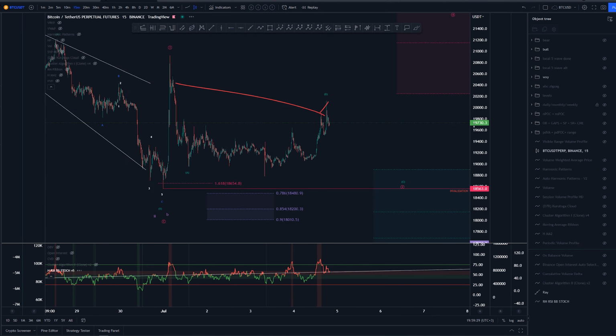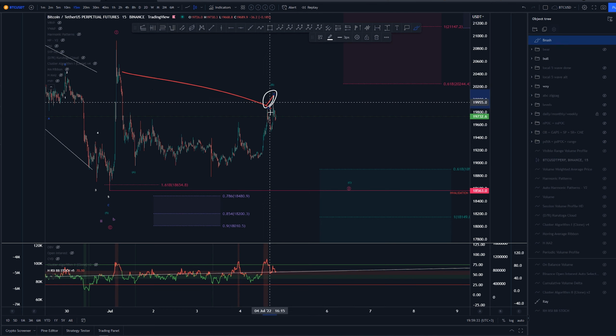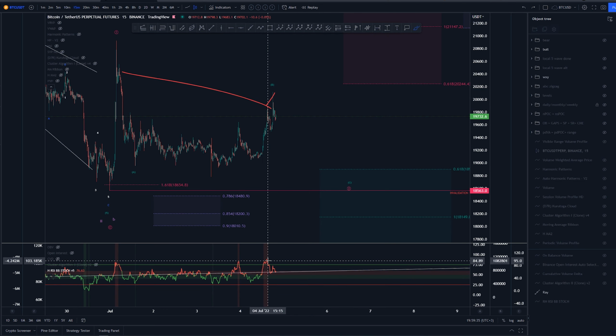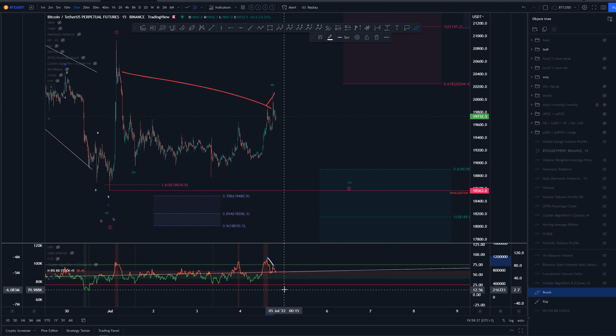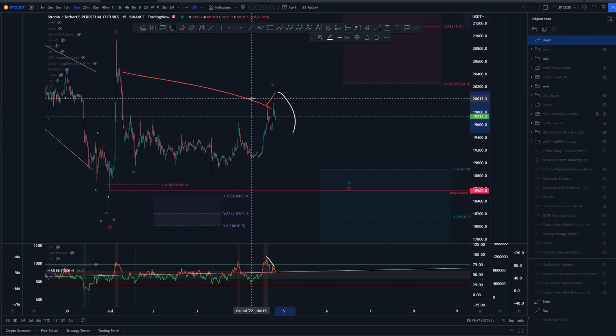Now on the 15-minute as well, we do have a divergence here on these last legs, on these last pumps. We can see that lower high on RSI and higher high on price, creating a regular divergence of bearish kind, and so double divergence pointing us downwards.